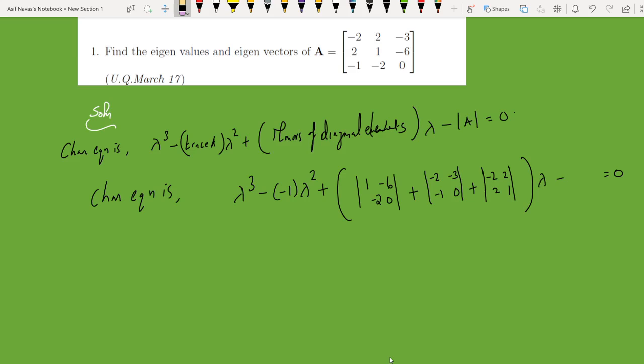Anybody got the determinant of A? 45. So the determinant of A is 45.